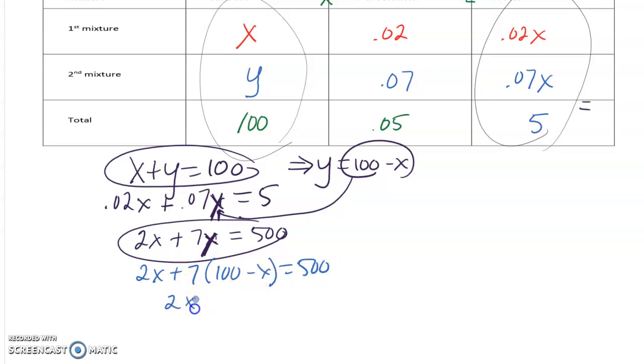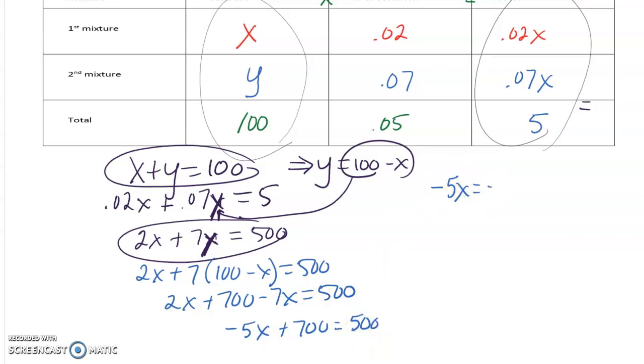Distribute, combine like terms. I'm going to get negative 5x plus 700 equals 500. Subtract 700 from both sides gives me negative 5x equals negative 200.